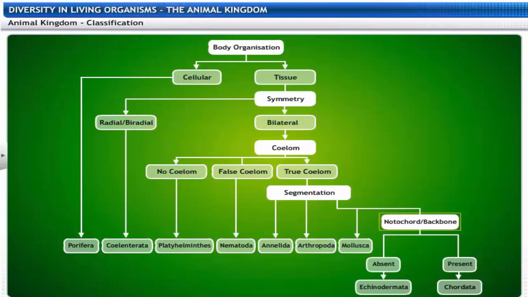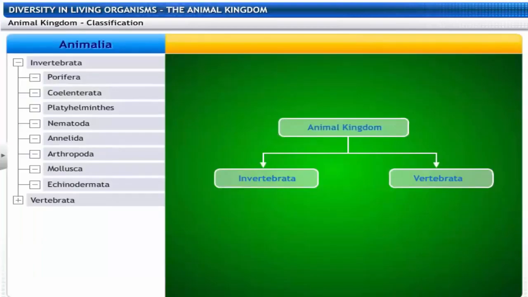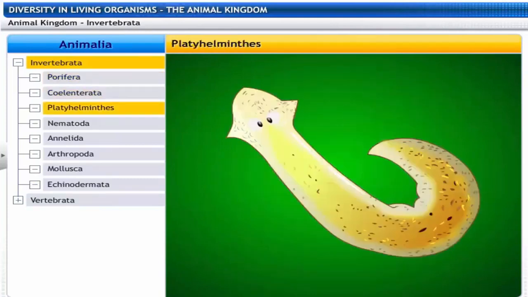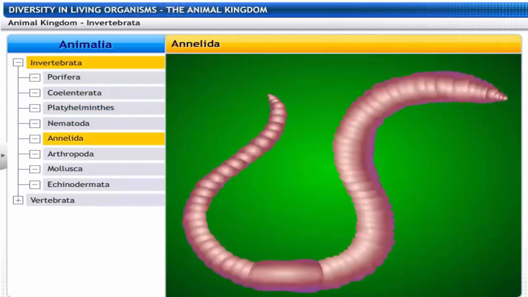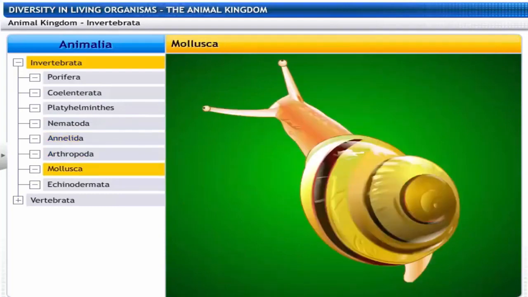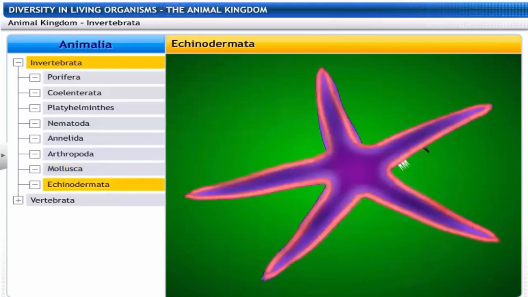The animal kingdom called Animalia is classified into two subkingdoms, Invertebrata and Vertebrata. The subkingdom Invertebrata is classified into Porifera, Coelenterata, Platyhelminthes, Nematoda, Annelida, Arthropoda, Mollusca, and Echinodermata.